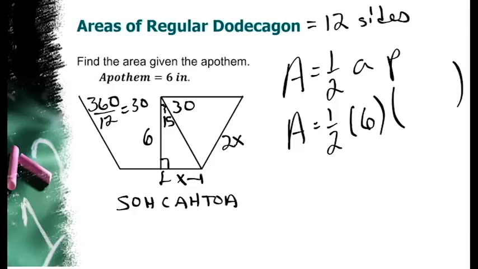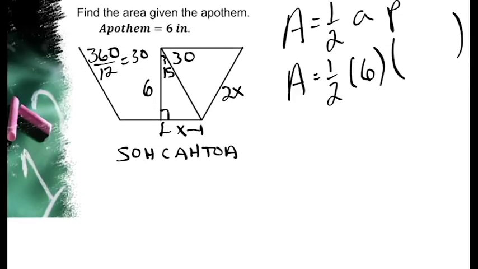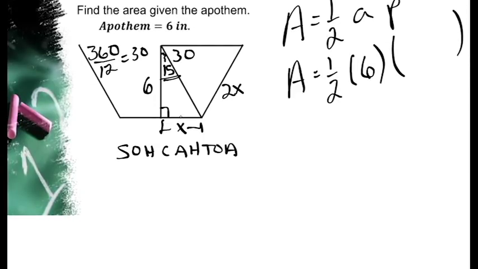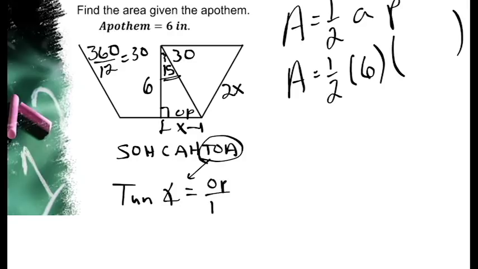Looking at SOHCAHTOA and looking at our angle up here, we have our opposite side at x, and we have our adjacent side at 6. Opposite and adjacent dictates that we have to use the tangent function. So the tangent of our angle is equal to the opposite over the adjacent.